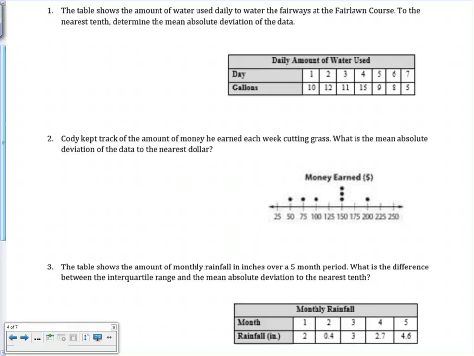So number one, I'm going to start there with mean absolute deviation. With mean absolute deviation, the first thing you have to do is find the mean or the average of your data. So to find that, we're going to add up all of our data points. So 10 plus 12 plus 11 plus 15 plus 9 plus 8 plus 5.